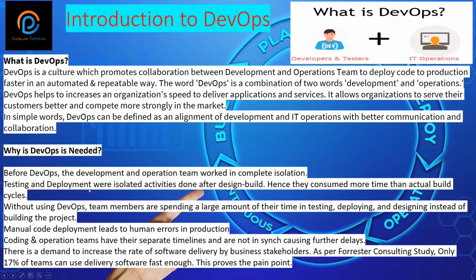Now why is DevOps required? As I said earlier, it lets development and operations teams work together to get software releases into production faster and in an automated way. In manual code deployment, a lot of human errors were happening in production. DevOps helps reduce those errors. Earlier, operations and coding teams had separate timelines and no communication, which delayed deployment.